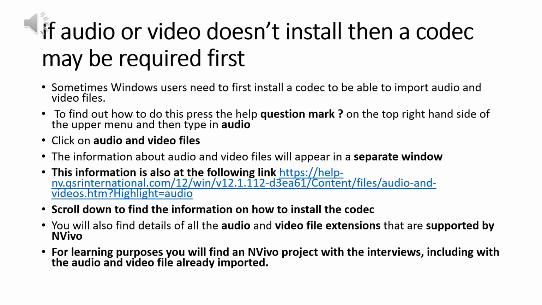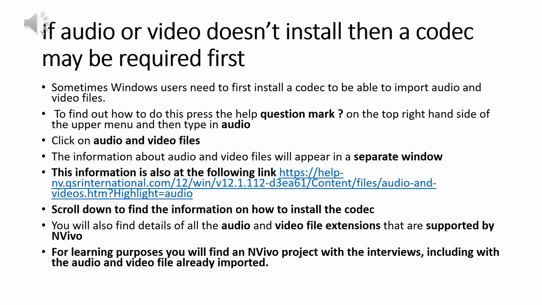To find out how to install the codec, press the Help question mark on the top right-hand side of the upper menu and then type in Audio. Click on Audio and Video Files. The information about audio and video files will appear in a separate window.